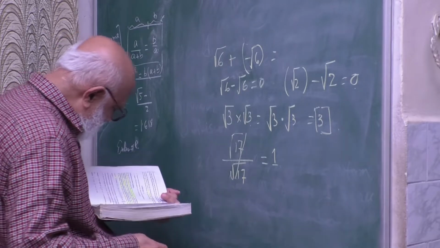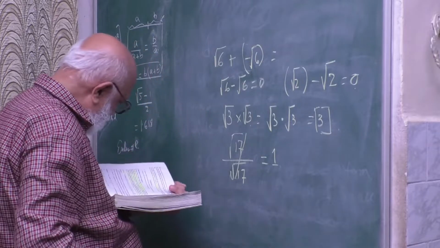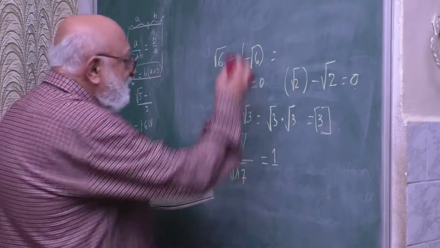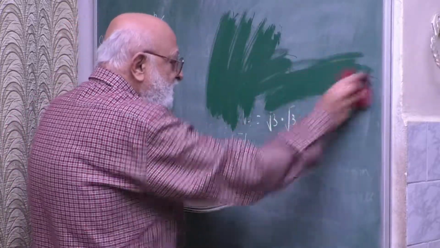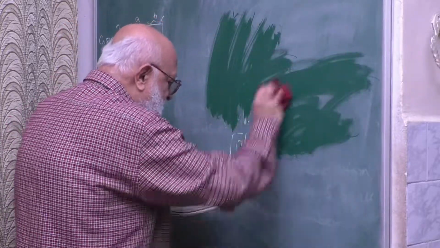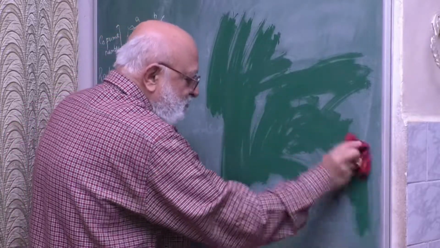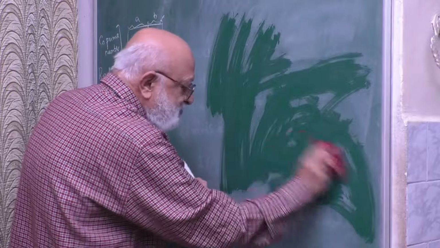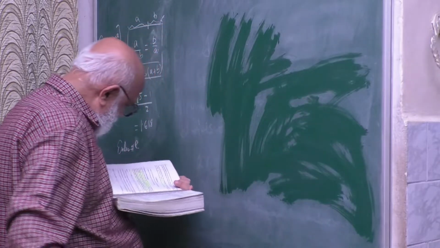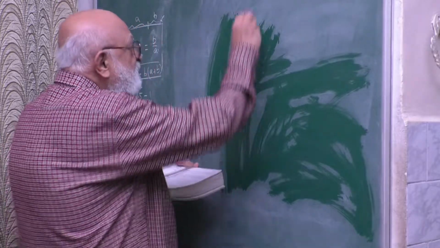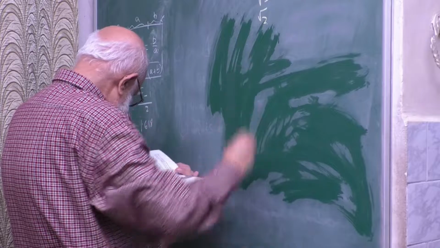Now let us see what happens next. I pick the examples from the book so that if at any time you want to cross-check or see something, you can easily do so. Now root 3 and root 2 are irrational.